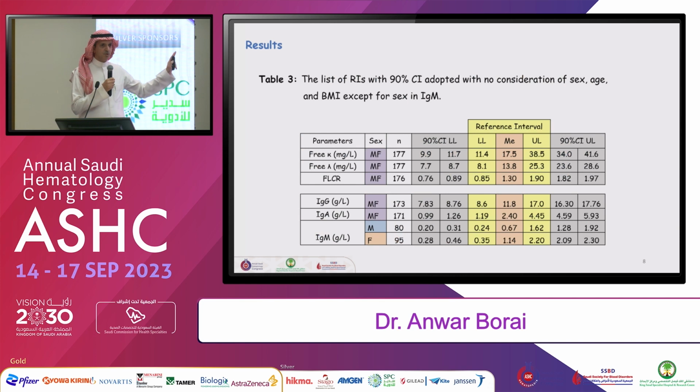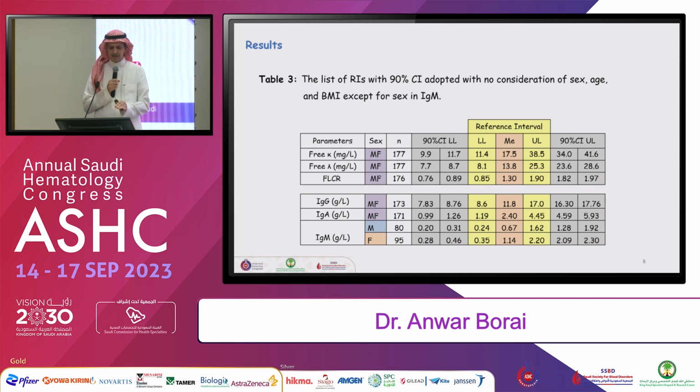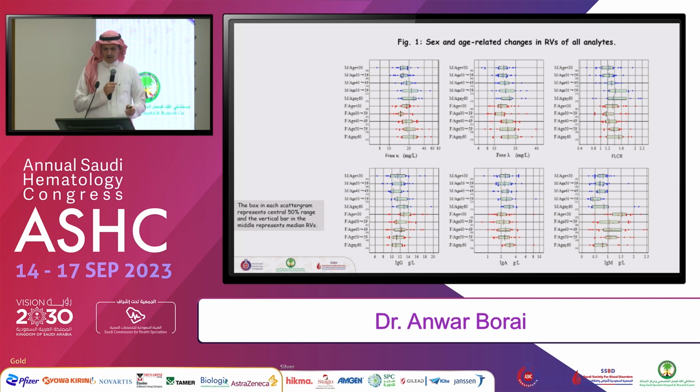This is the most important slide, which summarizes our reference intervals for the Saudi population. So if you have the Optilite analyzer or free light chain kits, then you can use these reference intervals. As you can see, the reference intervals for free light chains, kappa and lambda, and the free light chain ratio are in yellow highlight.